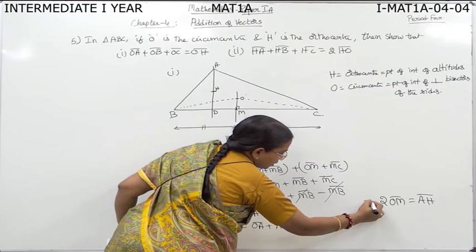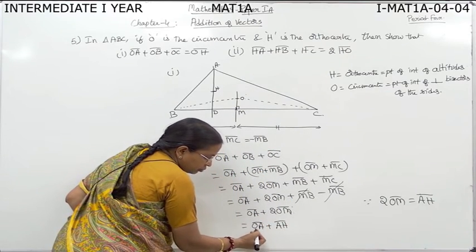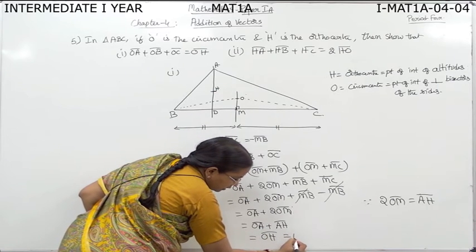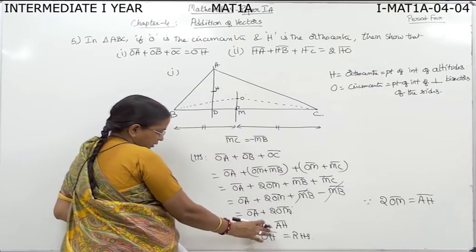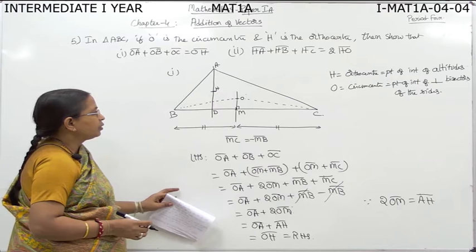Now OA, AH is in continuation, so OA plus AH is nothing but OH, which is the right hand side. So we proved that the left hand side is equal to the right hand side. So this problem is very, very important.